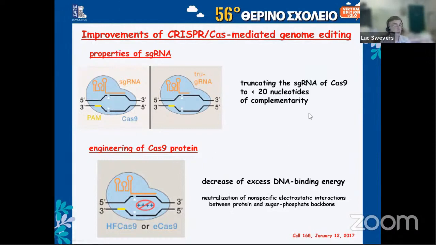Other efforts have focused on engineering the Cas9 protein, mainly to decrease the DNA binding energy. The DNA target has a negative charge, and so it's beneficial for the specificity if positive charges on the Cas9 protein are eliminated to avoid non-specific interactions between the Cas9 protein and the negatively charged DNA.